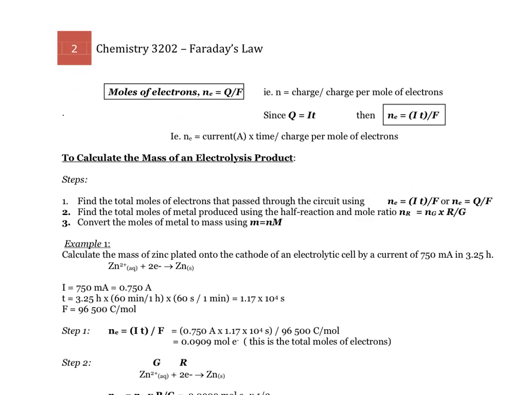We can now link this together with the equation where the number of moles of electrons is equal to the charge divided by Faraday's constant, or the charge divided by the charge per mole of electrons. Note that this is also given to you on your formula sheet.